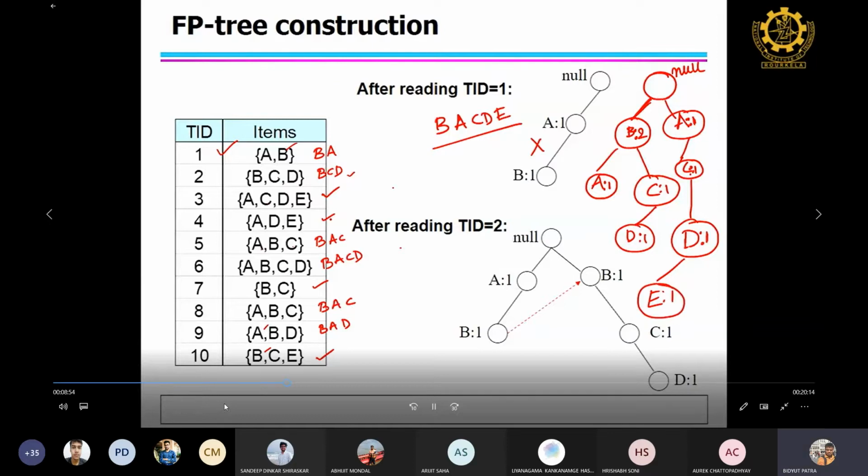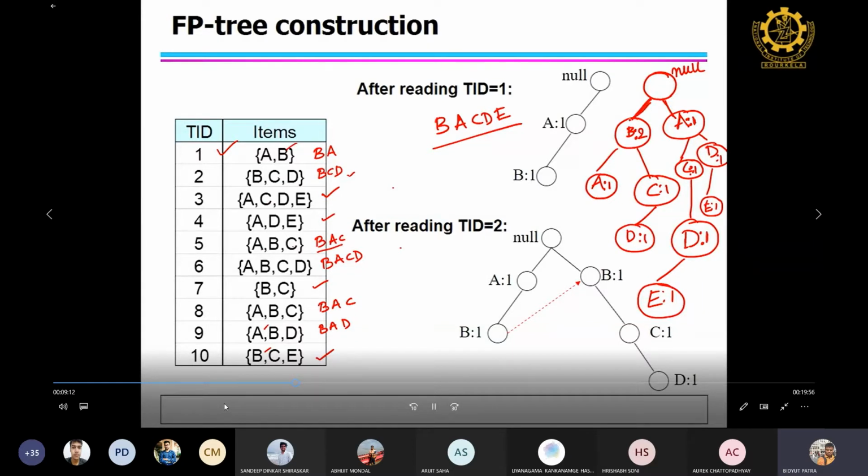Next, A, D, E. A is here, D is not here, so you have to make a different branch D. Let's say ADE, so here E. Next is BAC.